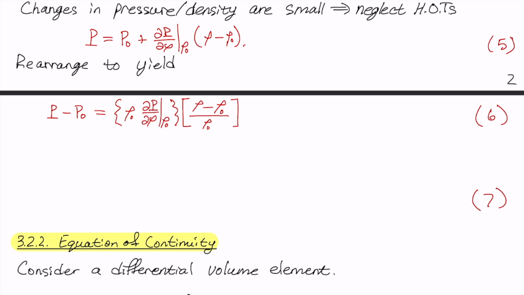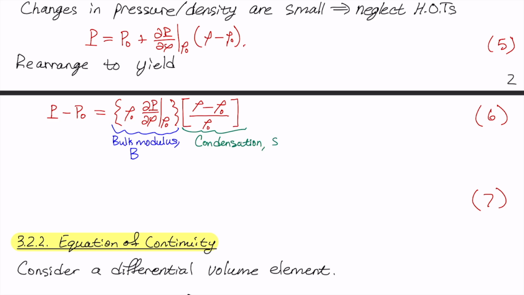Okay, so the quantity here shown in the curly braces is called the bulk modulus, and we'll represent it as capital B. And the quantity on the right here is the condensation. And that's just what it's called.